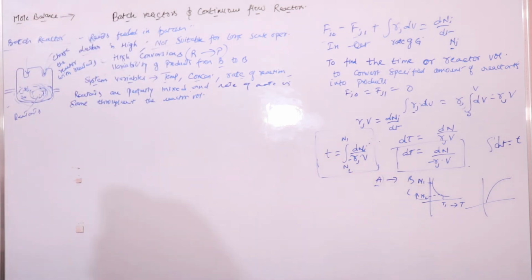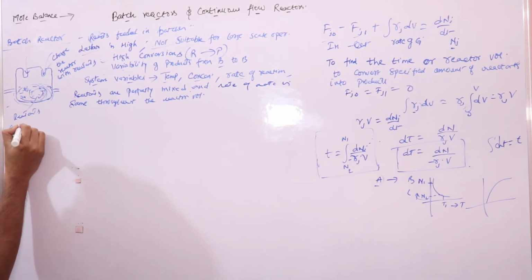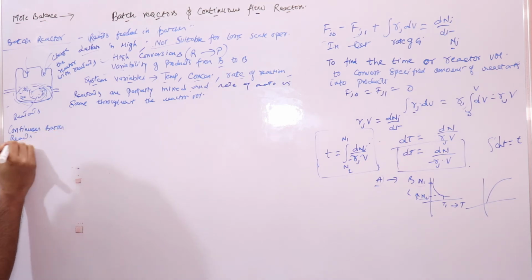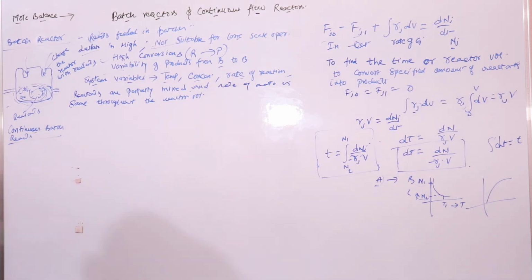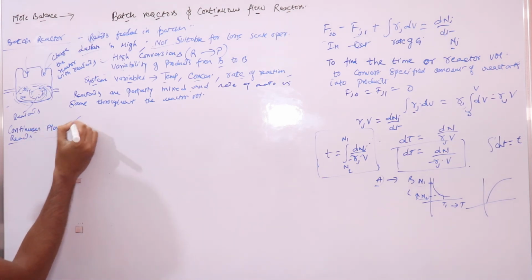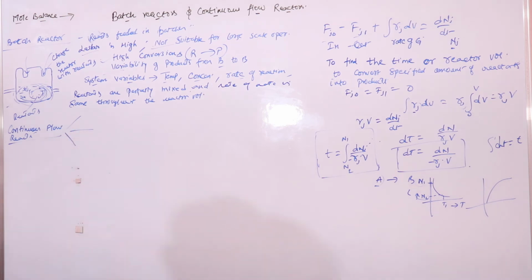Now let's talk about the continuous flow reactors. There are three kinds of continuous flow reactors.